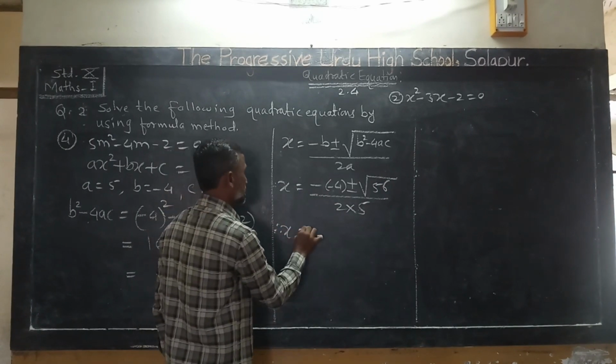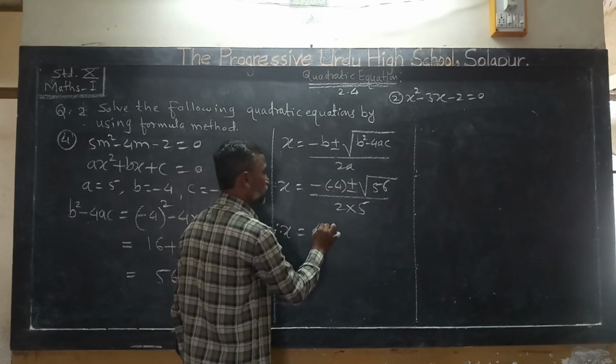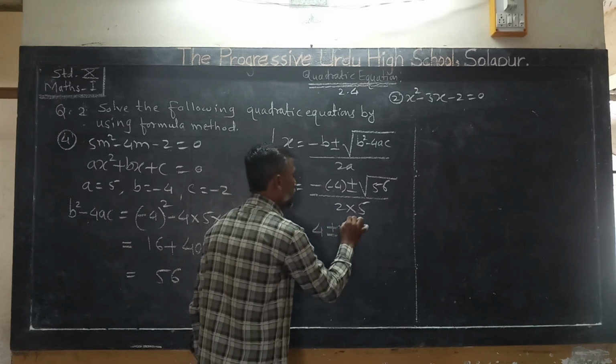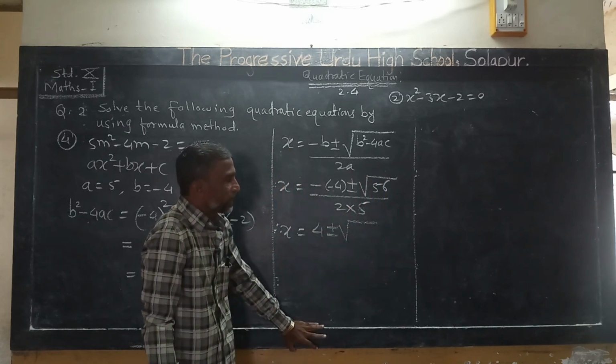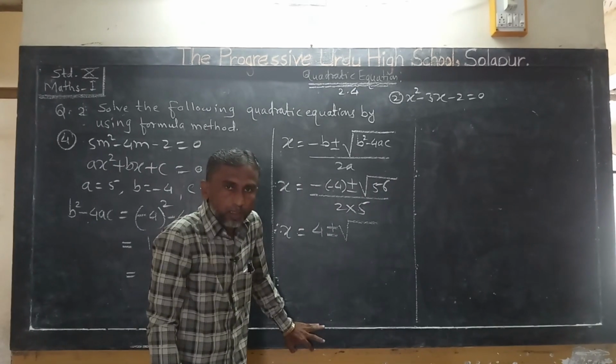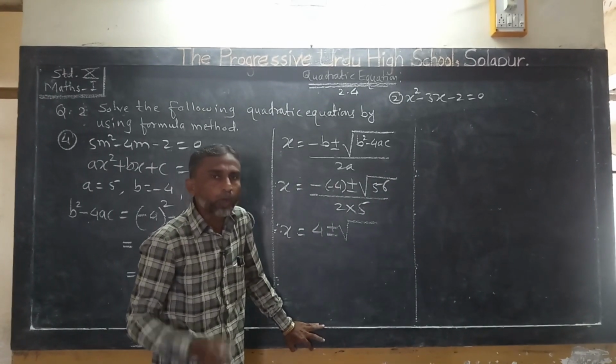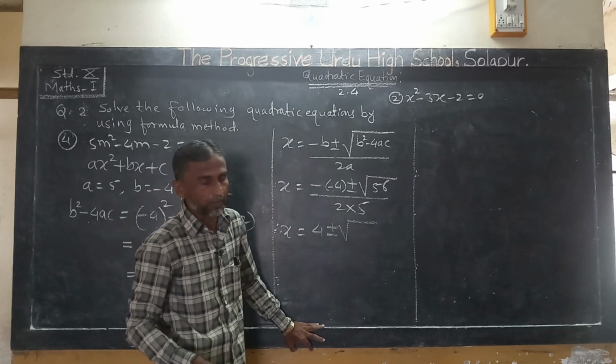Therefore x is equal to minus into minus plus 4 plus minus. Now find the factors of 56 out of which one should be a complete square number.